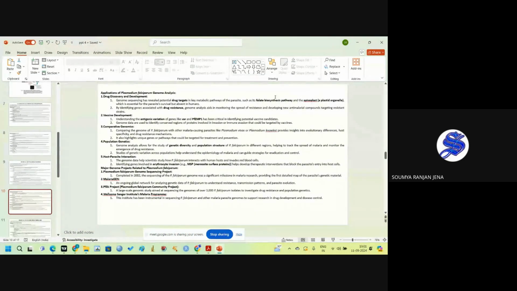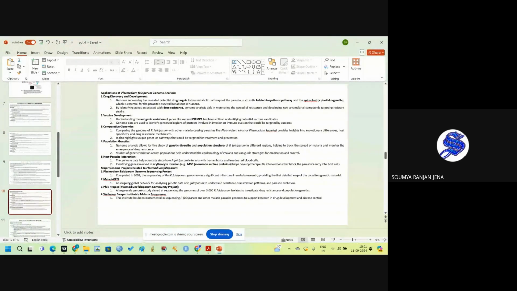Then we have to target these pathways. Then we have to do vaccine development against these genes, and PfEMP1 has been critical because due to the antigenic variation of this gene, we cannot do any vaccine-like treatment.